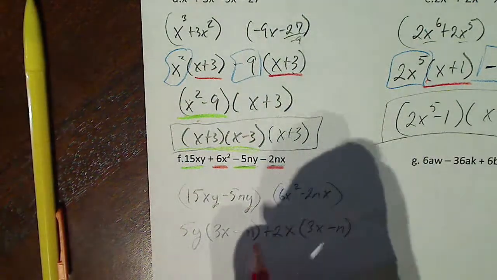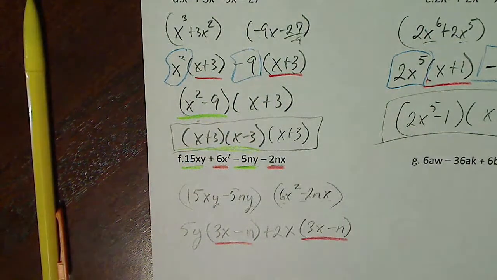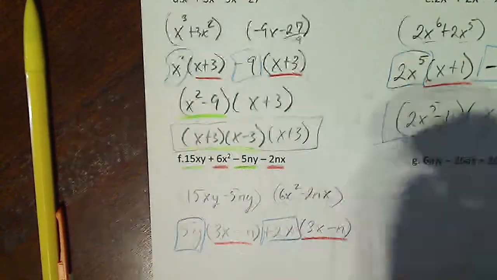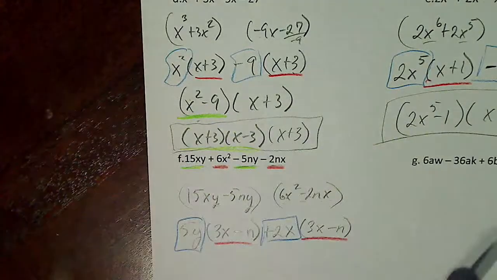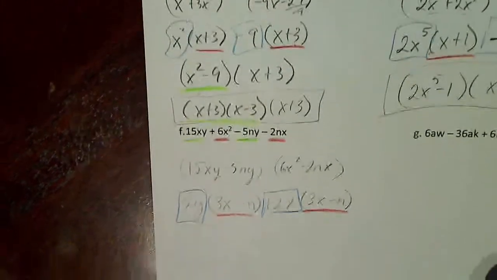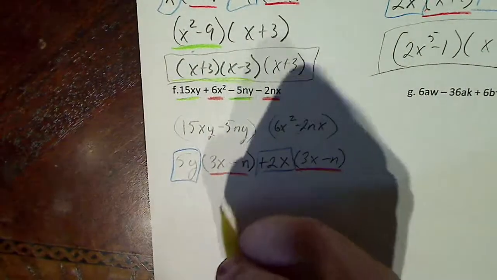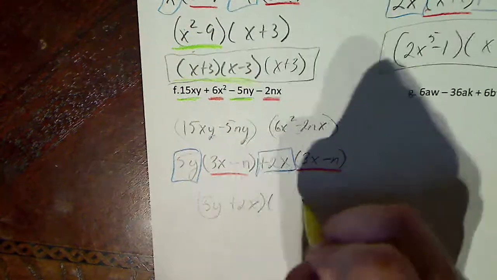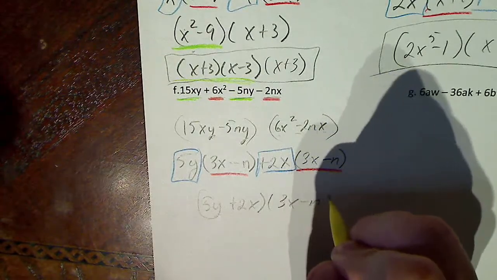So again, notice how I rewrote it, but my terms still were similar in that result. And so my factored form would be 5y plus 2x and 3x minus n.